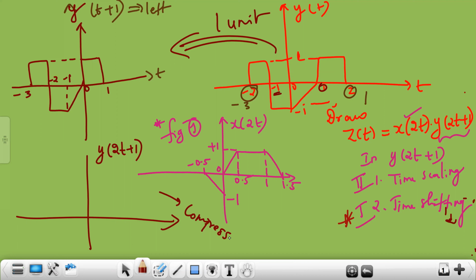So the signal we have drawn, you are going to compress between what? This will become minus 1.5 to 0.5. The same signal I am going to draw, but it will compress like this.